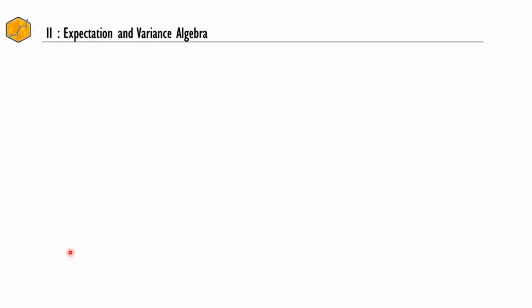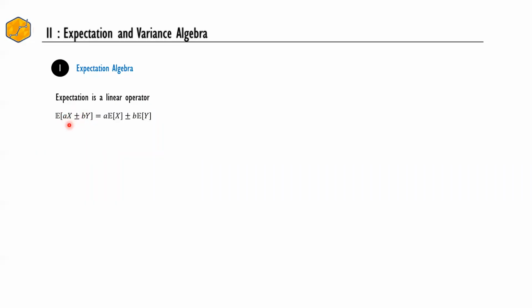Okay, so pay attention, because this is where I've seen most of you struggle. There is one formula for expectation algebra, right? Expectation is a linear operator. What does that mean? It means if you take a linear combination of two variables, x is a random variable, y is a random variable, ax plus minus by, this is a linear combination, right? Only scaling is involved and addition or subtraction.